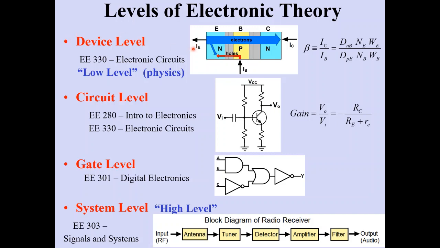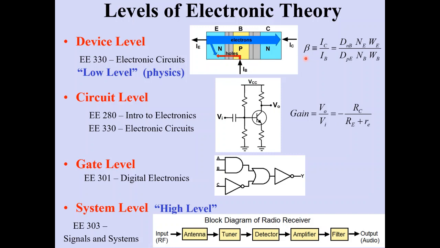For example, here's a diagram of a bipolar junction transistor with its doped semiconductor layers that make up the emitter, base, and collector terminals. It also shows the transport of charge carriers, such as electrons and holes going through the device. As you'll learn in a class that covers device physics, a transistor like this can be characterized by its current gain, which is a parameter called beta.